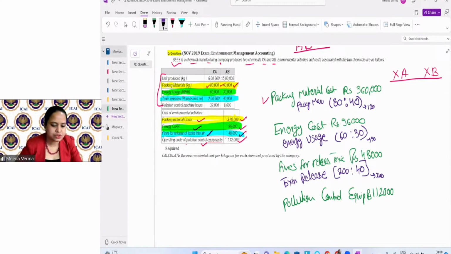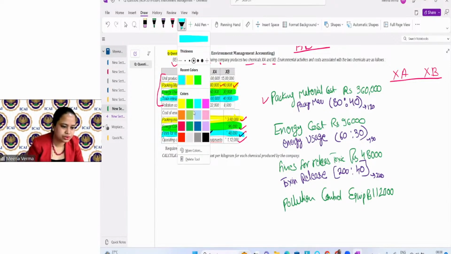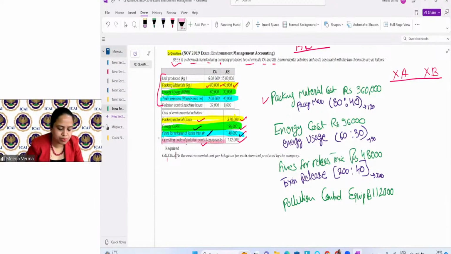Okay. Next is what? Pollution control equipment. So what is the cost here? The operating cost of pollution control equipment. So we have pollution control equipment, and the operating cost of it is this.